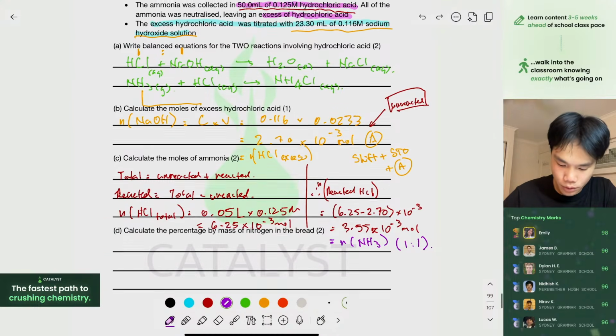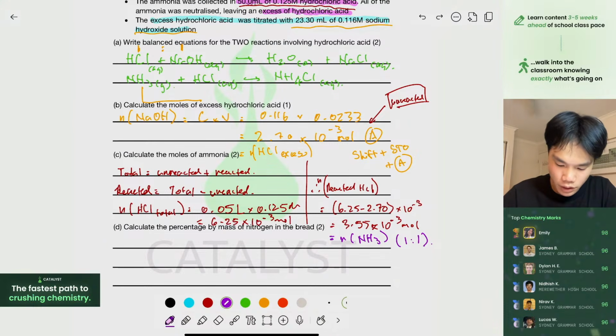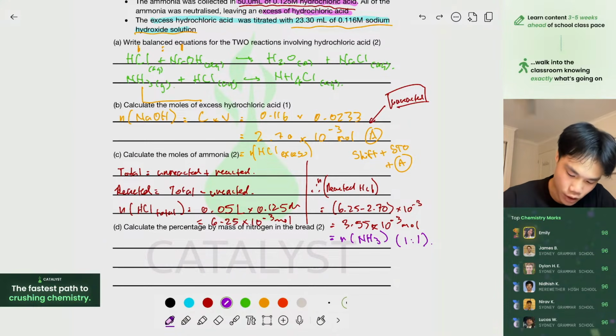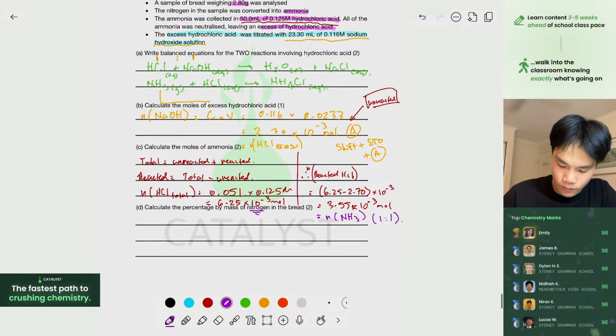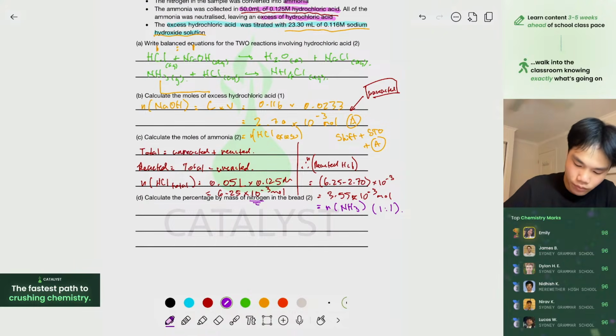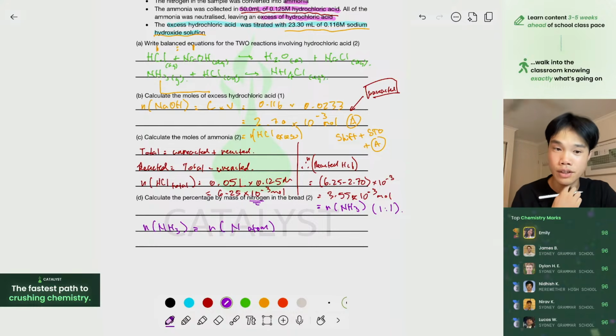The final thing to do is calculate the percentage by mass of nitrogen in the bread, being very careful of nitrogen, not ammonia. So, if we know the moles of ammonia, the moles of NH3 is equal to the moles of just nitrogen atoms, since in every one ammonia there's one nitrogen.